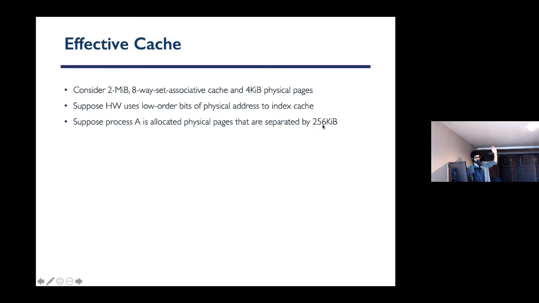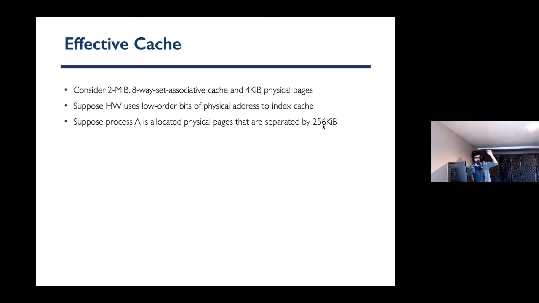So the first page is starting from address 0, let's say. The second page is starting from address 256. The third page starts from 512, and so on and so forth.